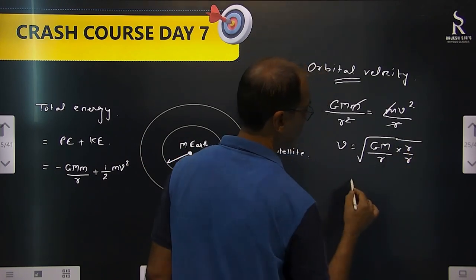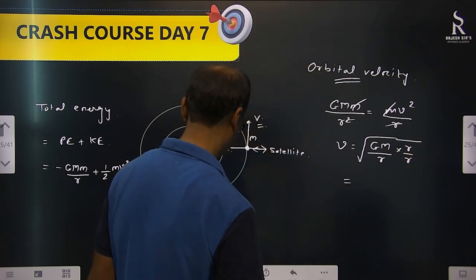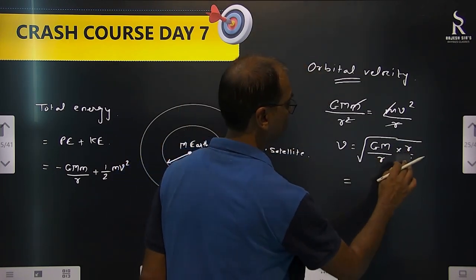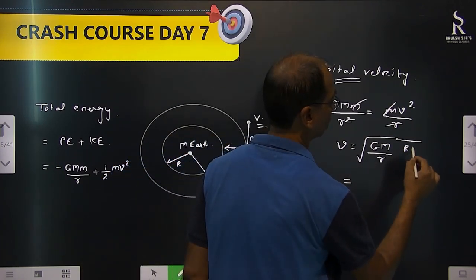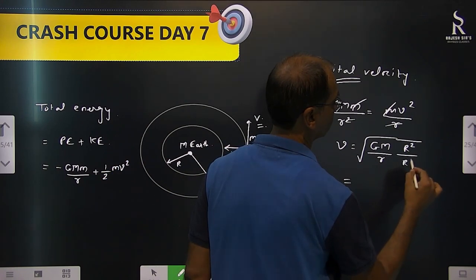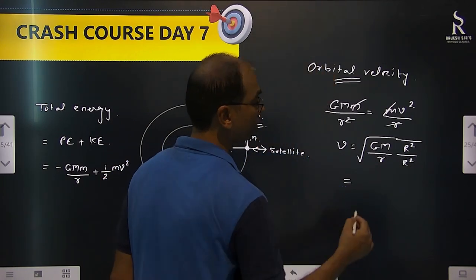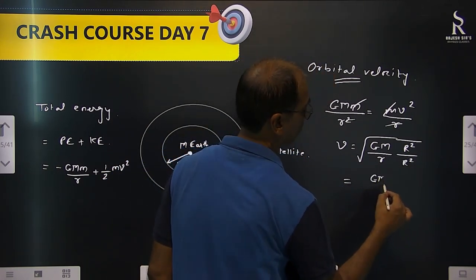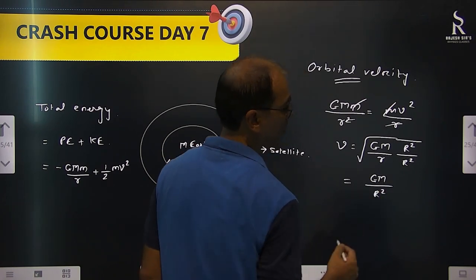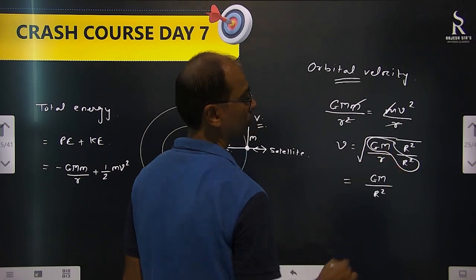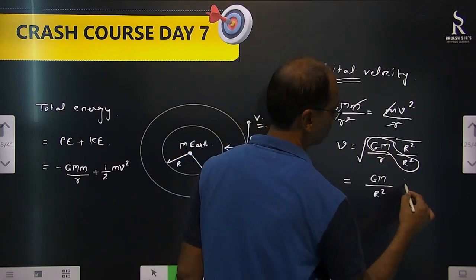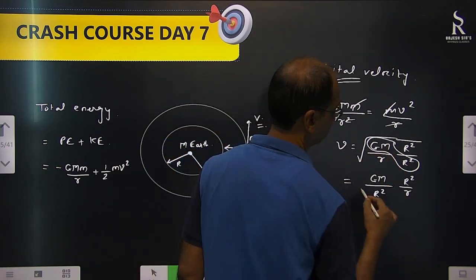Sorry, made a mistake. One minute. Multiply with r square, and here also r square. Okay, so what will happen? This GM by r square, that's only small g. Then what is left? R square by r.